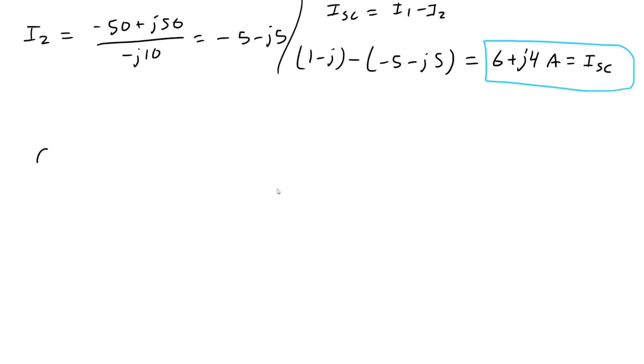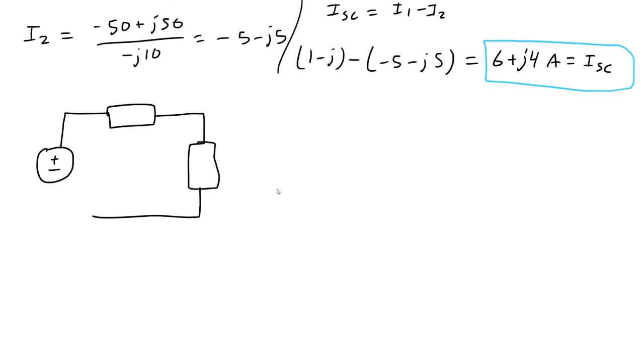Anyway, I'm going to redraw the circuit. Instead of connecting that, I'm going to leave it open. So we're going to have this, and then the dependent source right here. And the polarity is like this. This will become important in a minute.